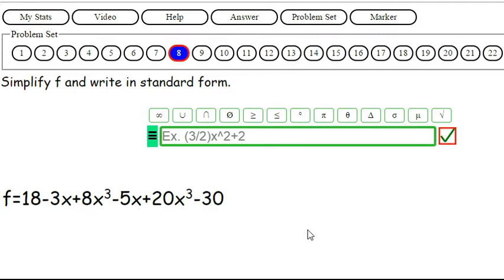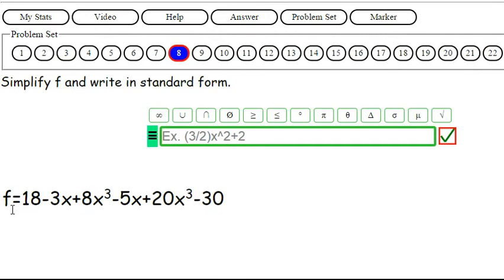We've got F is equal to 18 minus 3x plus 8x cubed minus 5x plus 20x cubed minus 30. They want us to simplify F and write in standard form.